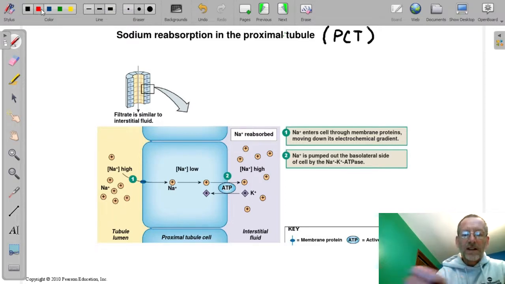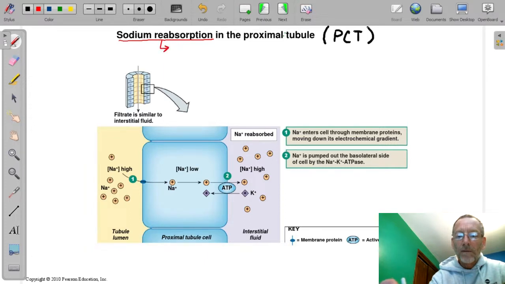And the sodium reabsorption is done as a primary active transport on the basolateral membrane.